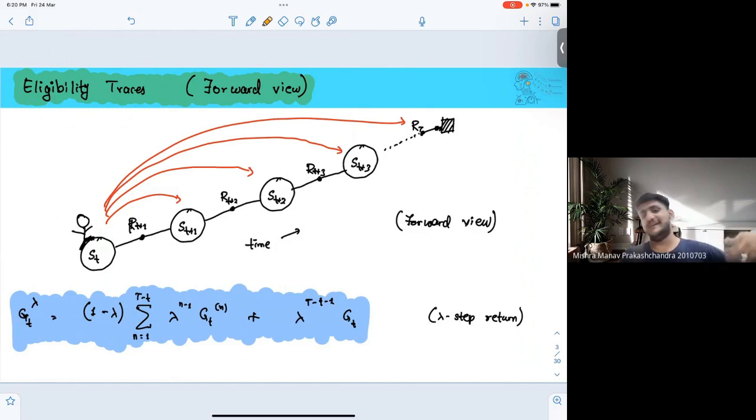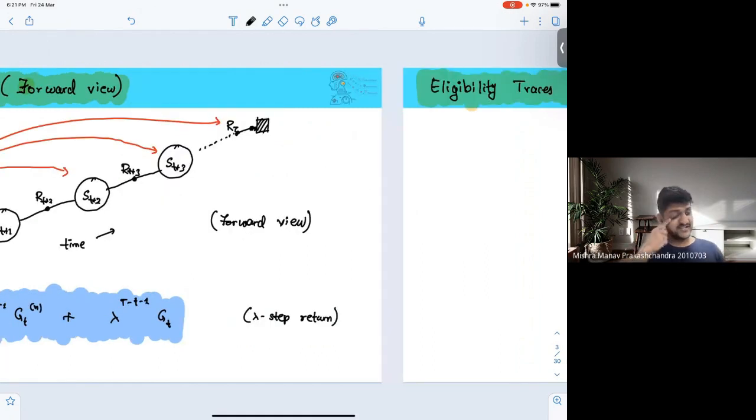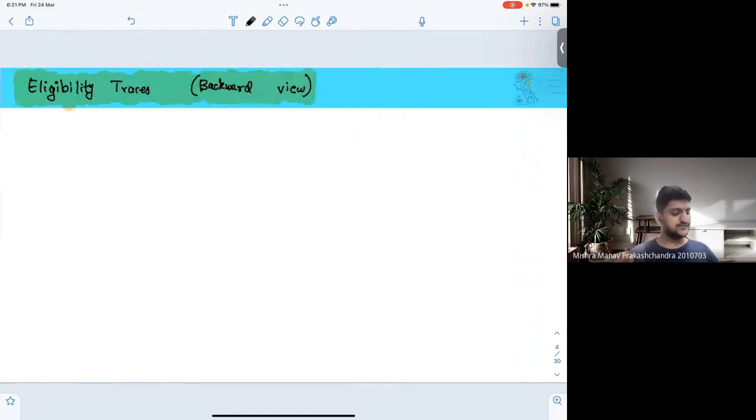This kind of keeping track of all the future states becomes very difficult. Okay, so to make it easier to implement and easier to work with, the view of backward traces was introduced. So the way backward traces work is as follows.